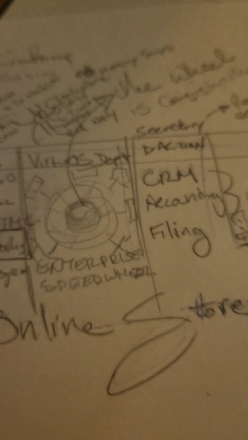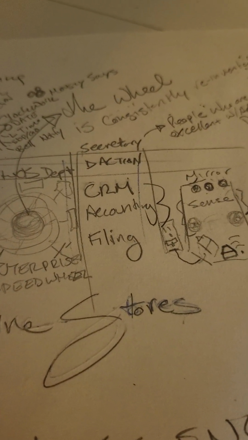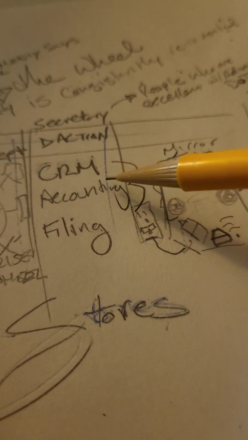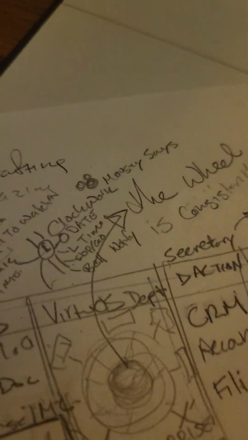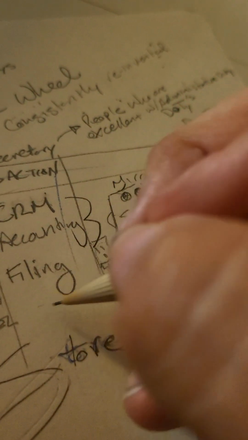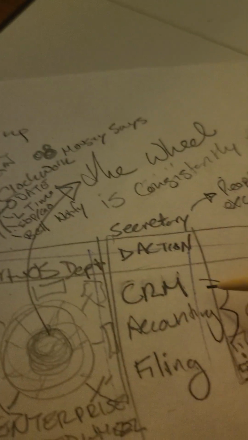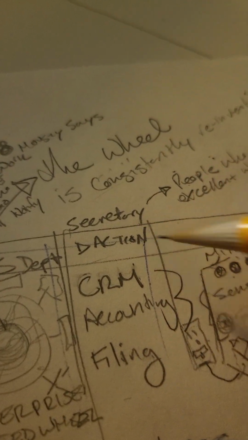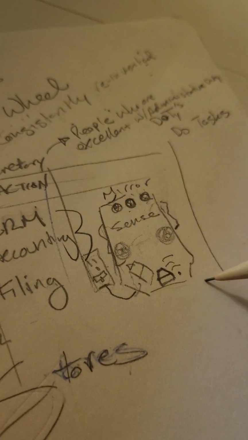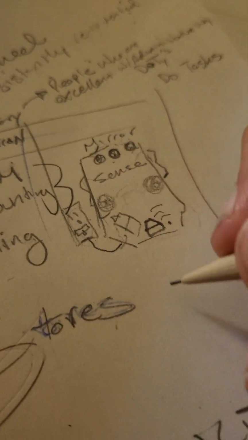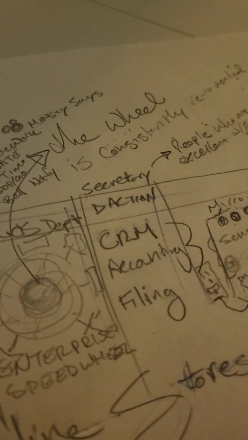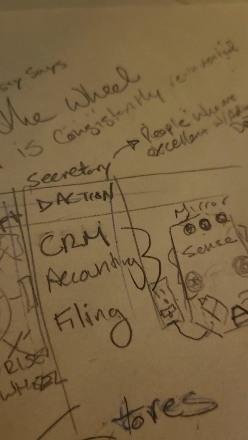Cool. All right, so now we have this interactive device, and we are connecting in your CRM, your accounting, and your filing under a secretary type program, right? So secretary action program. It can run through here, and it can do whatever it needs to do, and it basically follows a process of giving you results.